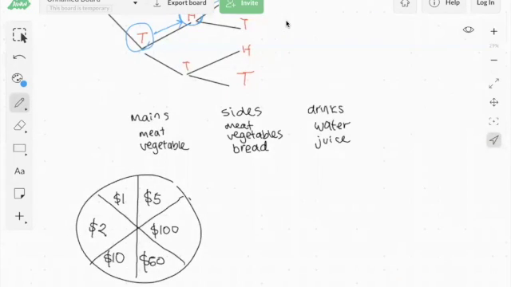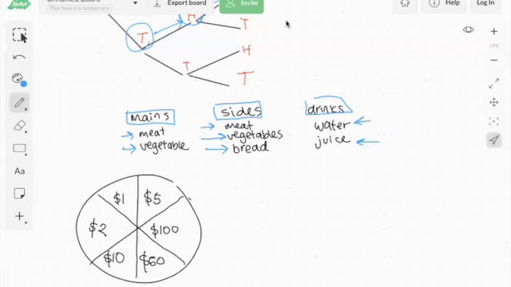Something else we can consider is choice probability, and a good example is this person, let's name her Sam. She has a choice for the meal she wants to eat: a choice of mains, either a meat or vegetable, a choice of sides, a meat, a vegetable, or a type of bread, and then a drink, so water or juice.